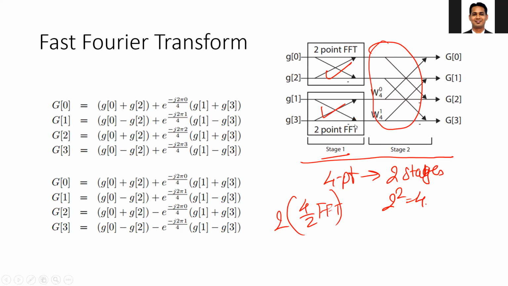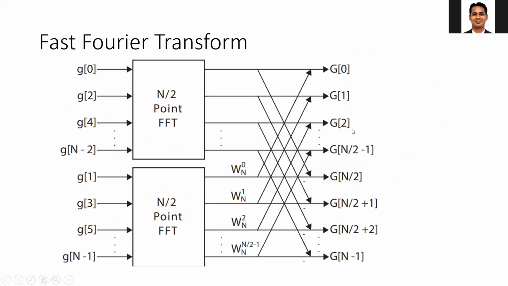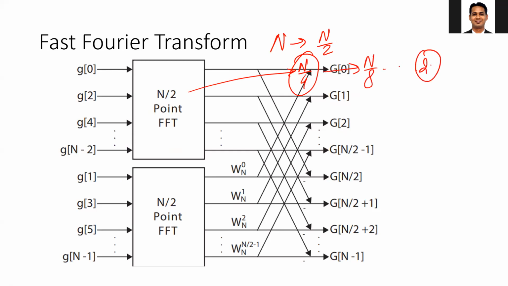So for any n-point FFT, you can break it down into n by 2 point FFTs, and inside this n by 2 you will have n by 4, inside the n by 4 you will have n by 8, and at the end you will have the 2-point FFT. This is how you can generalize for any size.